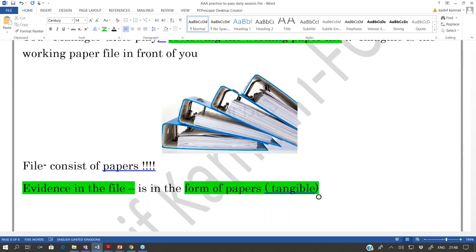Will that be in the form of something being tangible or intangible? I hope you know the tangible. Tangible means something you can touch, feel. So will the file consist of papers, something which is tangible?